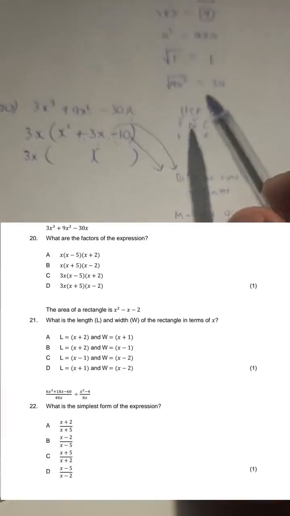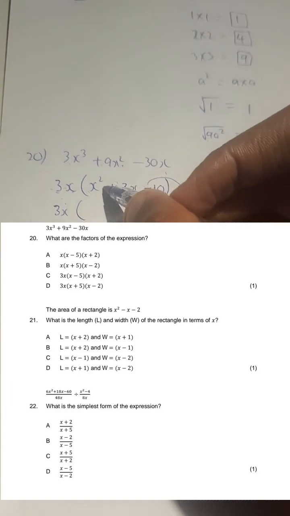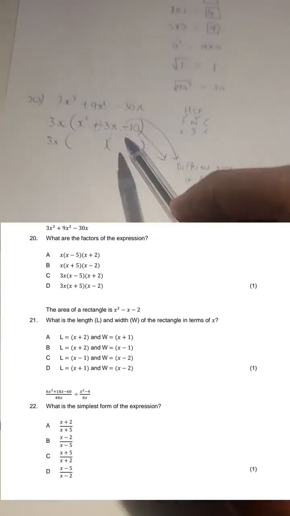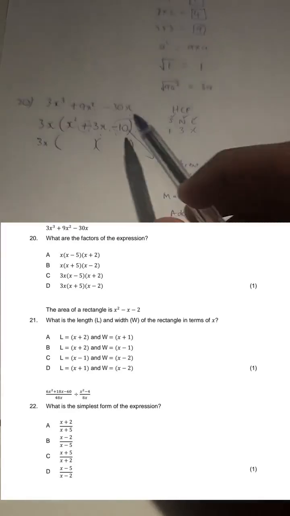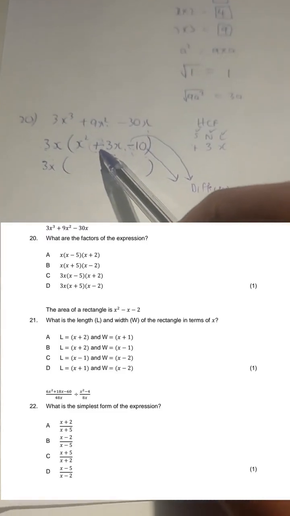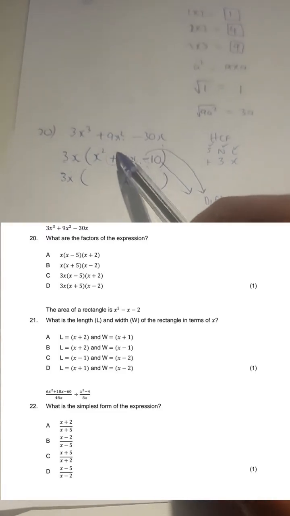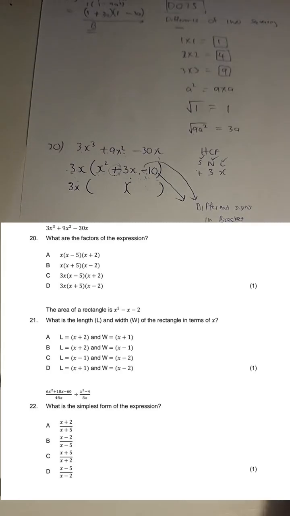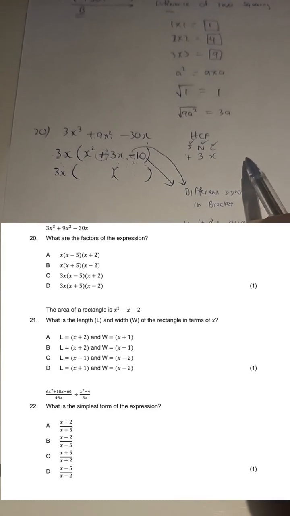What did we say as well? That if the sign here is positive, it means that my highest factor will also be positive. I'm going to have different signs, but the highest factor needs to be positive. Guys, if it was negative and then another negative, it would mean that my highest factor needs to be negative for the different signs. Okay?